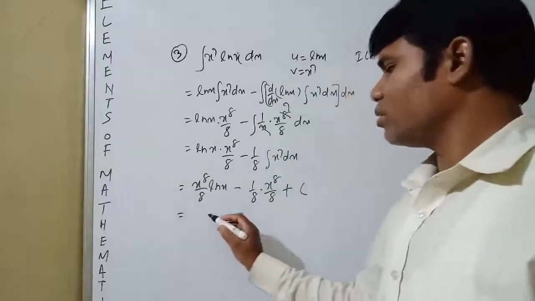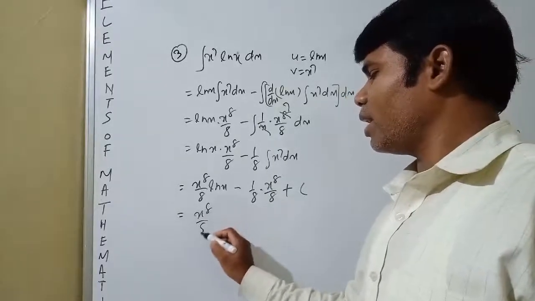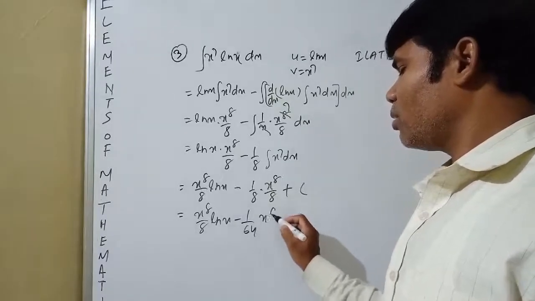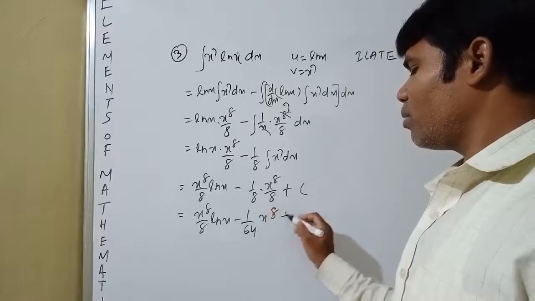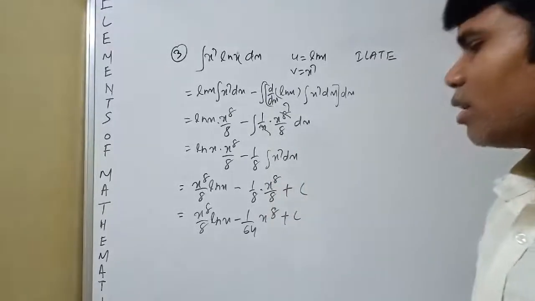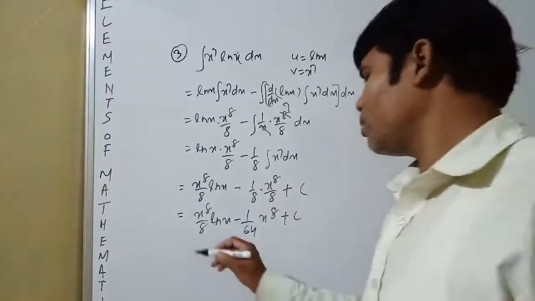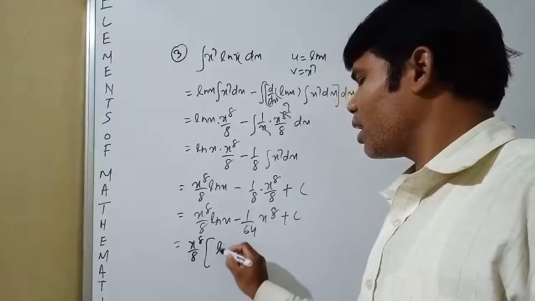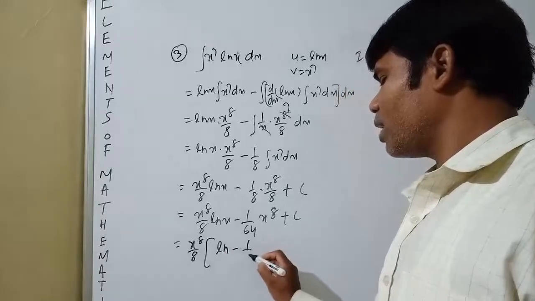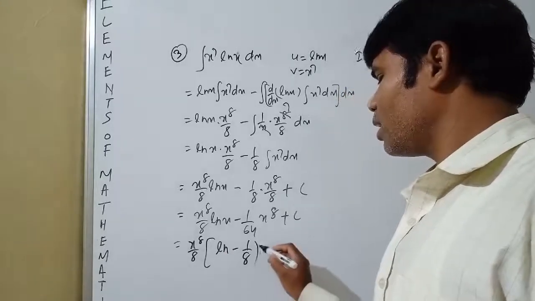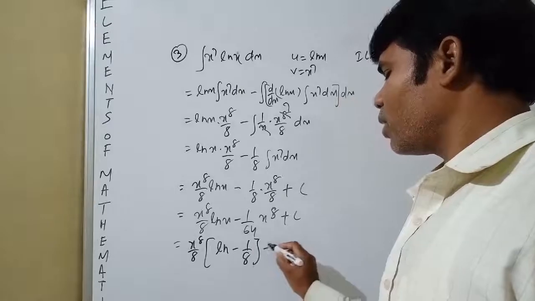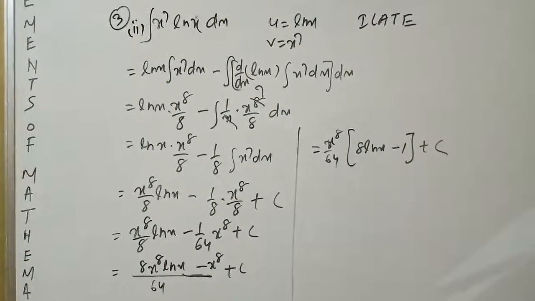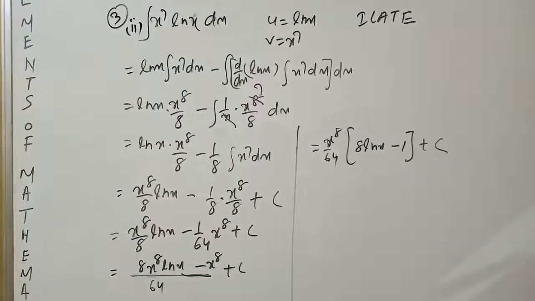This is equal to x to the power 8 by 8 ln x, minus 1 by 64 x to the power 8, plus c. If you take common x to the power 8 by 8, you get (ln x minus 1 by 8) plus c. Pause the video, note it down. This is your question number 3, part 2.